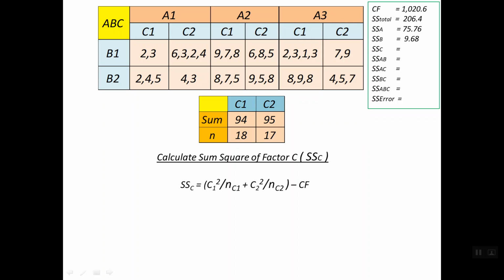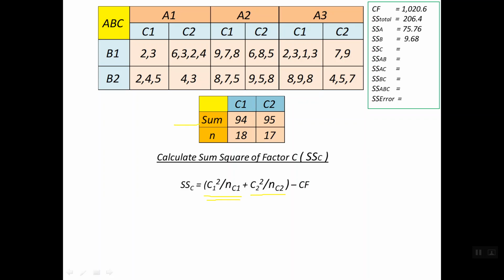For factor C, we have two levels: level 1, C1, and the second level is C2. So in this formula, these are the calculations for C1, and these are the calculations for C2. For the calculation of the first level C1, we need the sum of C1 and the number of observations related to C1.